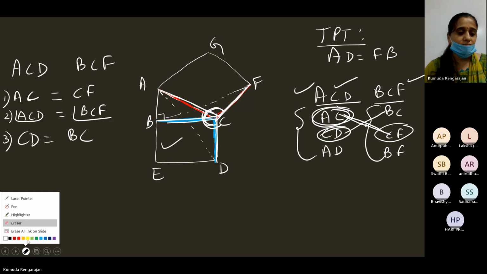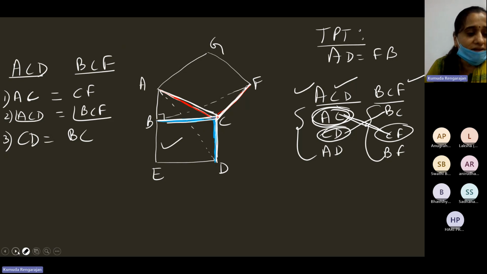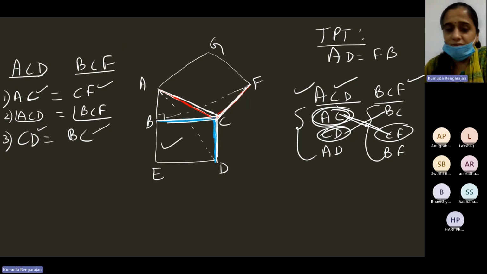Okay. So this is one triangle, this is one triangle. Now I have written ACD is equal to BCF, but we need to prove that. ACD is the angle contained by these two sides, and BCF is the angle contained by these two sides. Now, how do we show that they're equal?